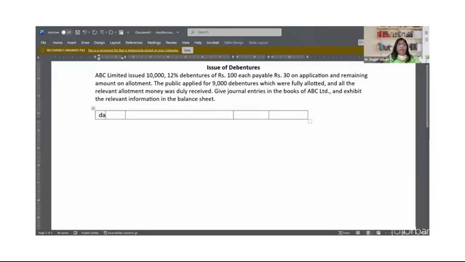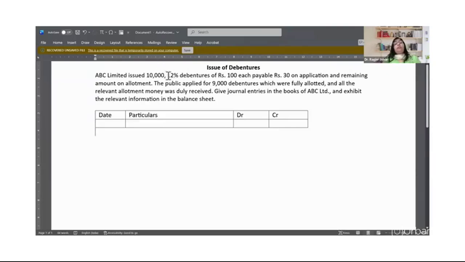Okay, fine. So we can start with making the journal entry format. There is one more thing I would like to tell you all. When the company is issuing debentures, you will always find the question written like this, unlike equity shares, where it is written equity shares or only shares, at least at class 12 level.